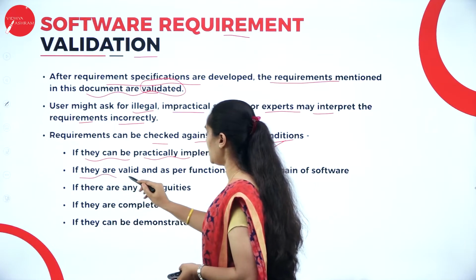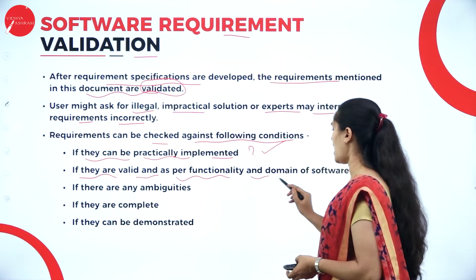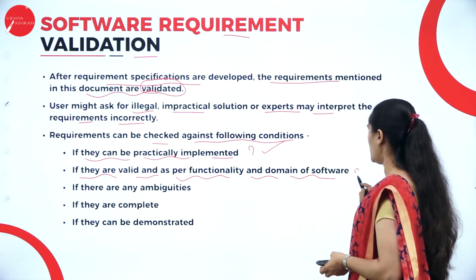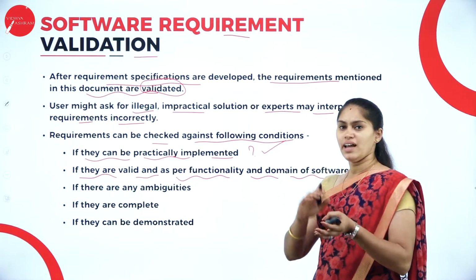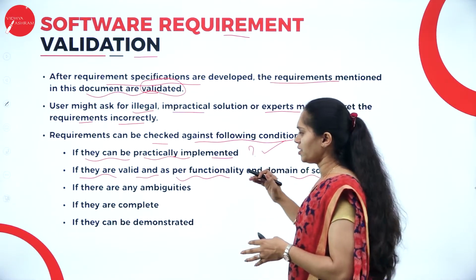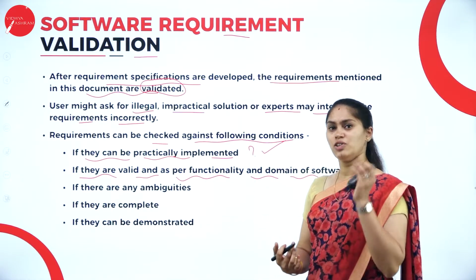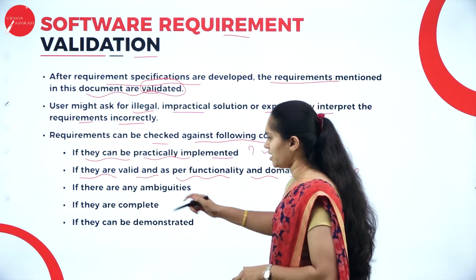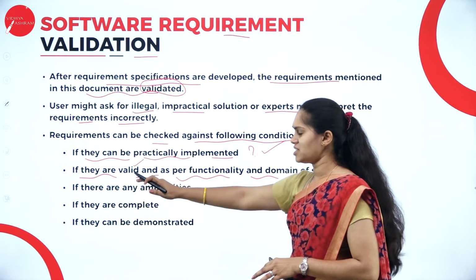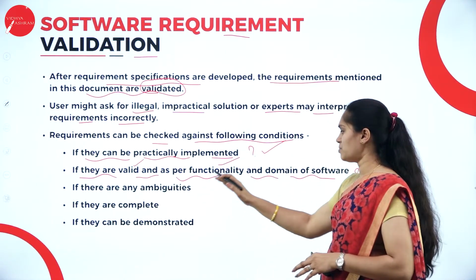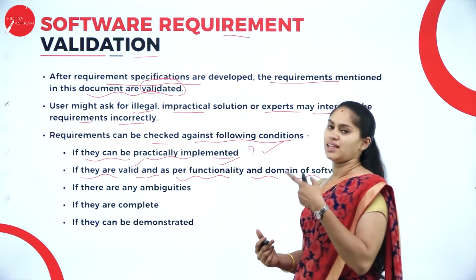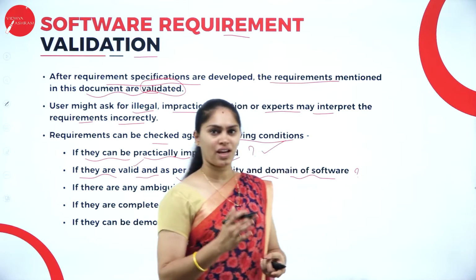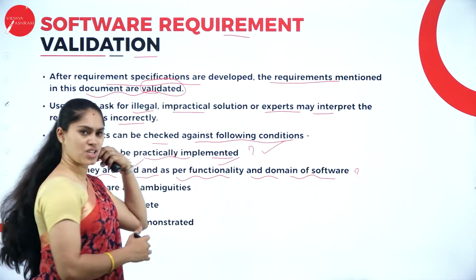Also, whether they are valid and as per the functionality and domain of the software. All these are questionnaires for validating, just a yes or no. If not, then they will convey to the customer, this is not what we are actually seeking and you need to change your requirements.